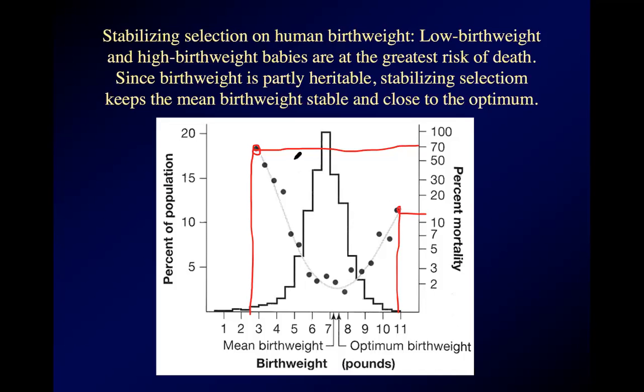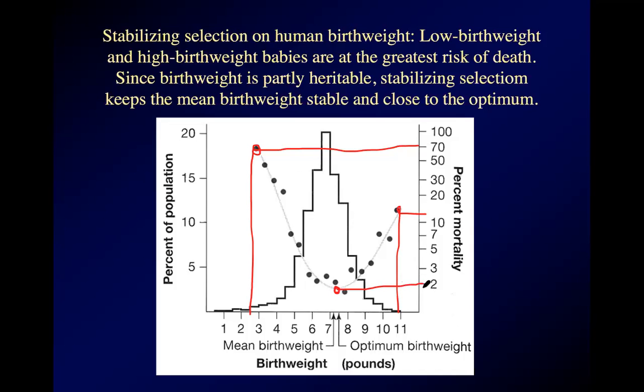So, low birth weight babies are likeliest to die, and high birth weight babies are likeliest to die. And babies with the lowest chance of mortality are the ones right here that are born at a little over 7 pounds. The mortality rate for those babies is only about 2%.